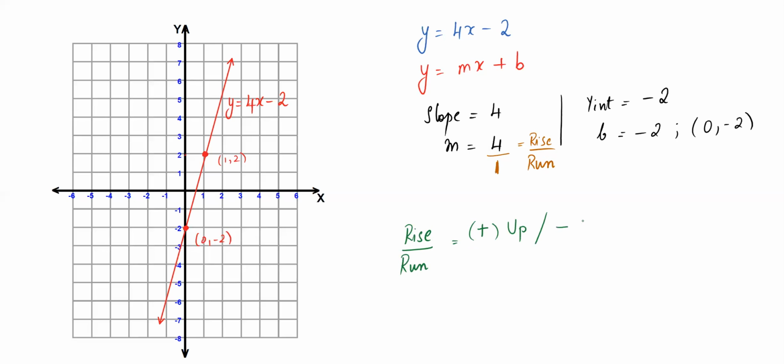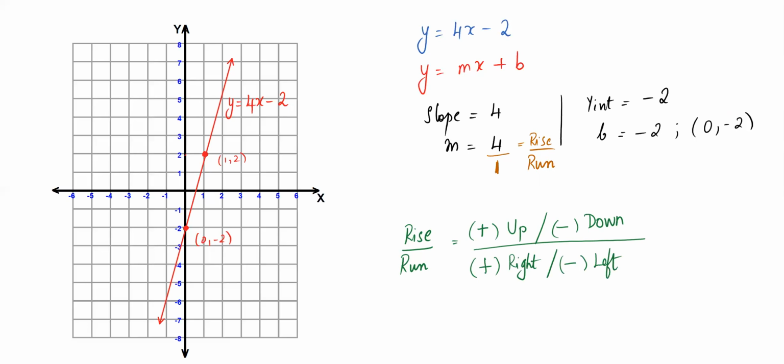If you had a negative number for the rise, you will move down. And likewise, if you had a positive for the run, you move right. If you had a negative number in the bottom, then you're going to move left.